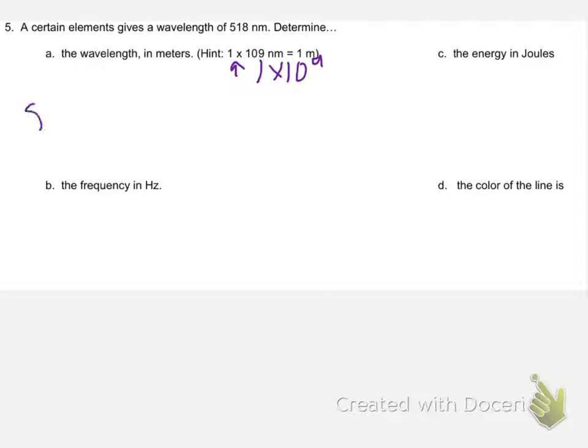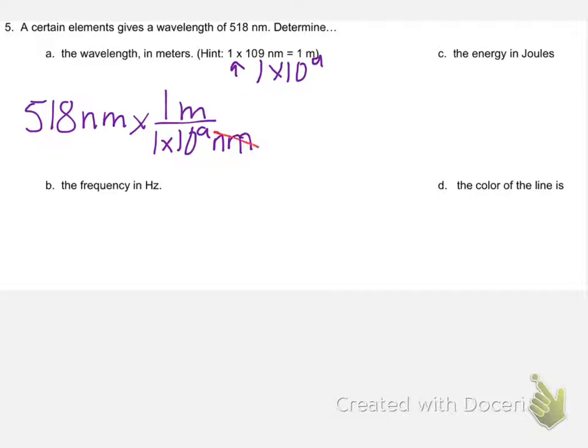So I'm going to take my 518 nanometers, and I'm going to multiply that times my conversion factor. I want to get to meters, so I'm going to put that on top, and then my 1 times 10 to the 9th nanometers goes on the bottom, so that when I cancel out my unit, I have 1 on top, 1 on bottom, and my answer will be in meters.